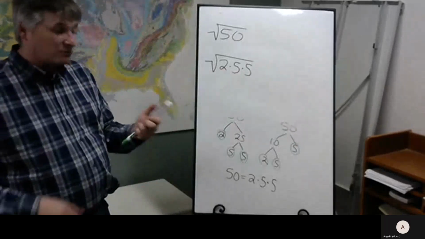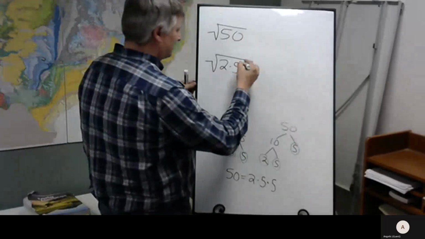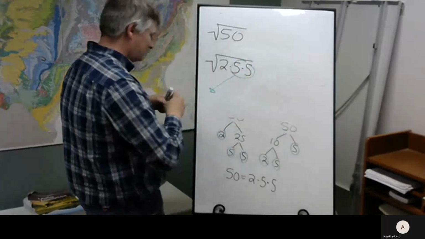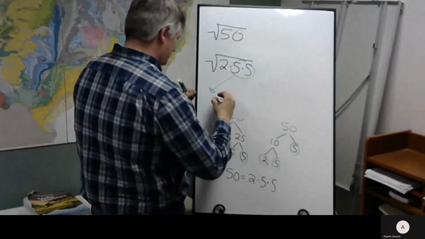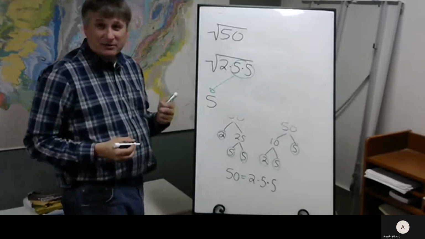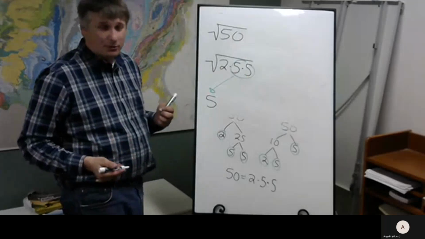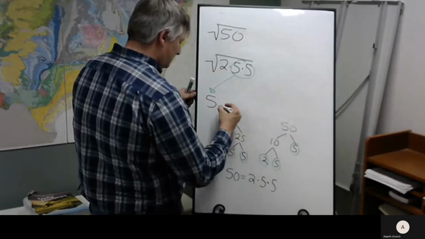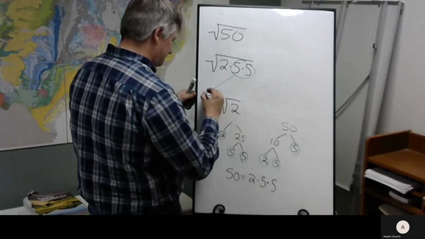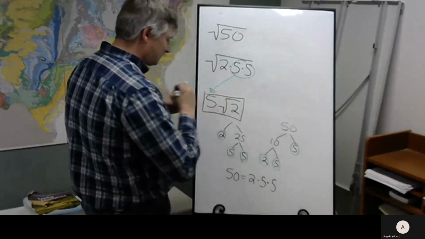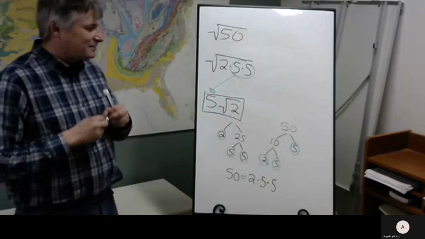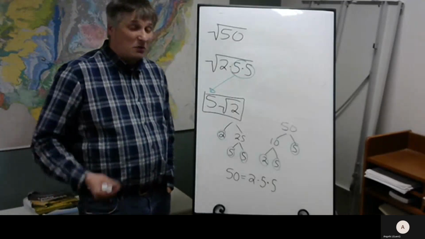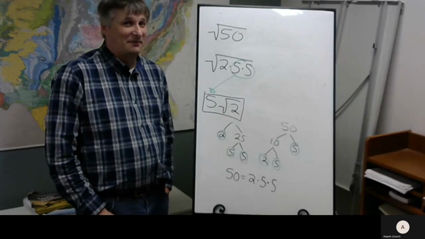And then we can use that rule of pairs. So that pair will become a single number outside the square root. And then what's left behind is a 2. And so that's how we can get our answer. So questions about that?